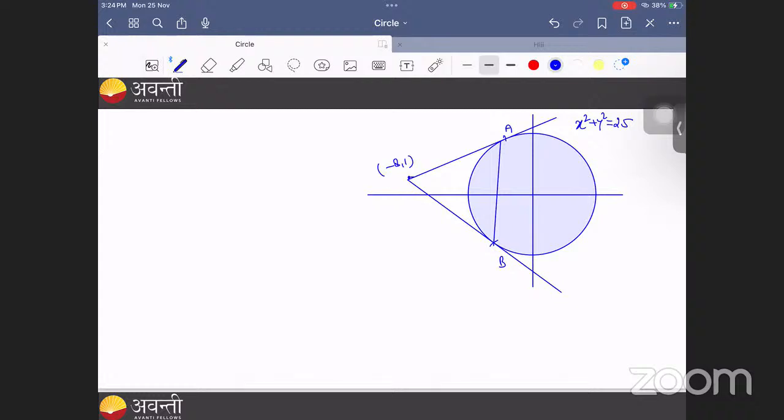So once you connect AB, what all can they ask you?